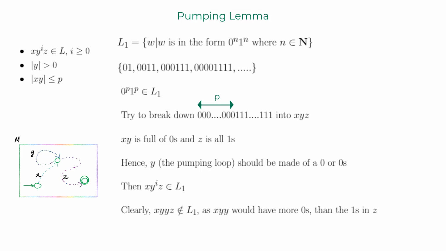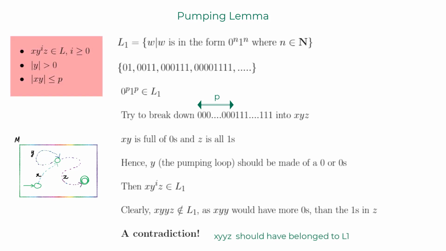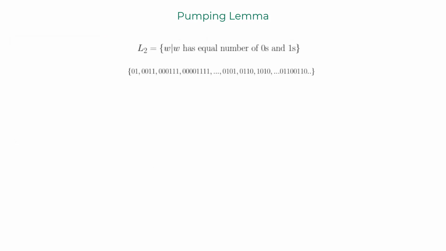X, y, y, z will have more zeros than ones, hence a contradiction. The strings of the given language do not satisfy all three properties of the pumping lemma, hence this language is non-regular. I'm going to show you one more example.